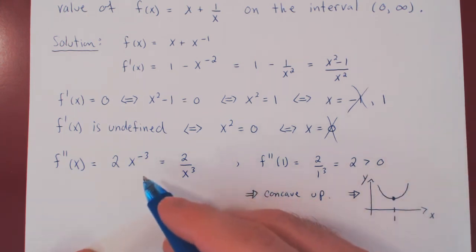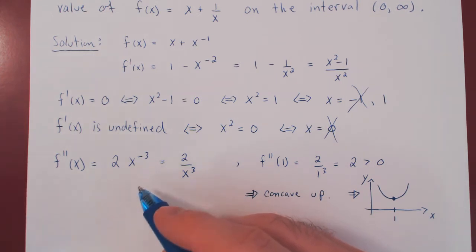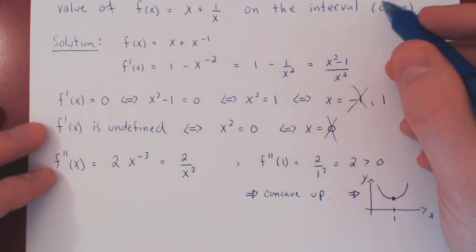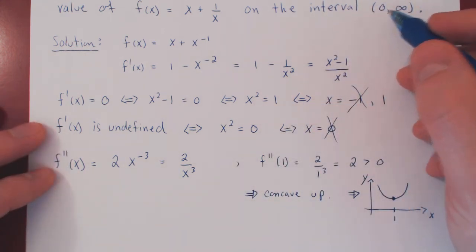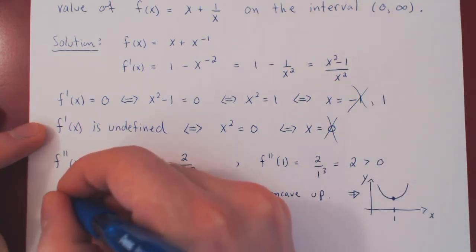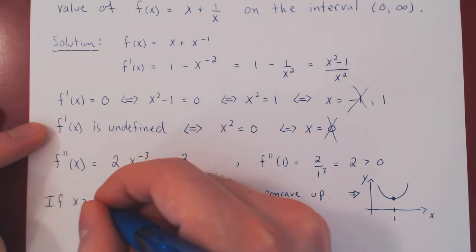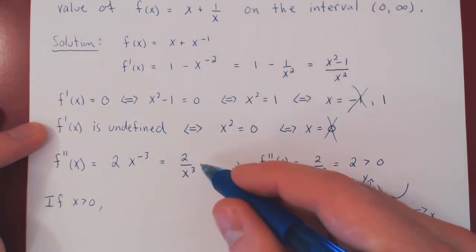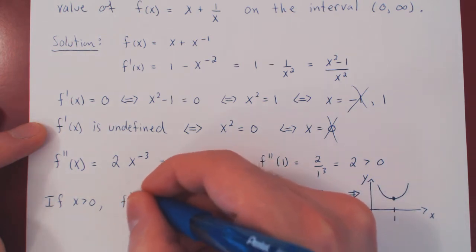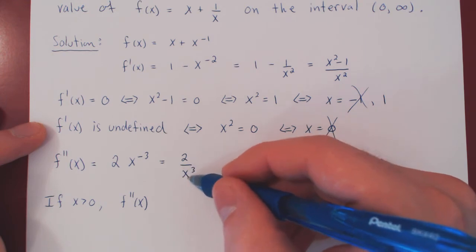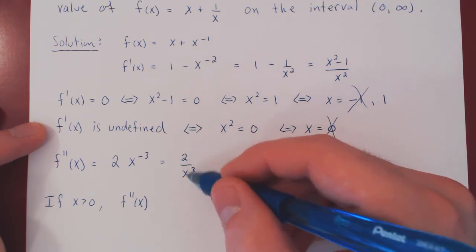We can actually say more, because we could think, well, are there points of inflection? Points where concavity changes? Well, look at our interval. We're considering an interval where the values are only positive. So if x is positive, which is our case, look at your second derivative. If x is positive, so is x cubed. 2 over a positive value is positive.